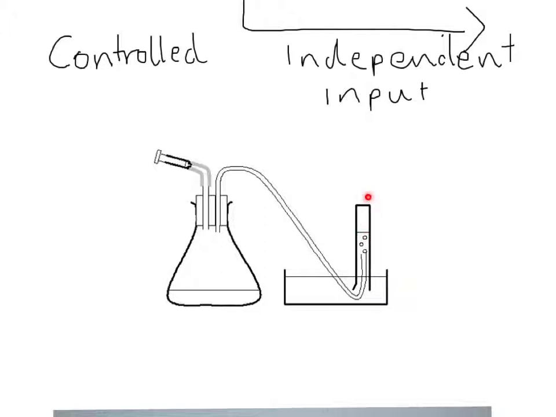We put different amounts of catalase in, and we would get different amounts of oxygen produced, or we could alter the temperature. We could do all sorts of things: the effect of substrate concentration, enzyme concentration, pH, temperature. We could do all of these experiments by manipulating the environment inside here, and we could measure the outcome by the amount of gas produced in a given time to give us an indication of the rate of reaction.